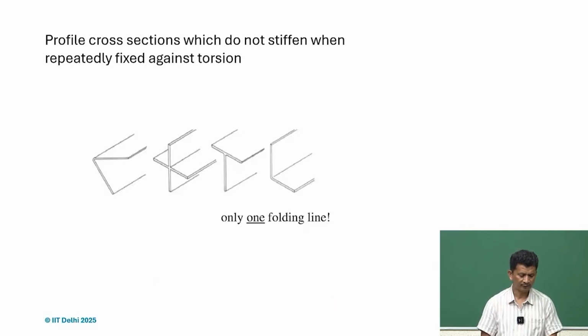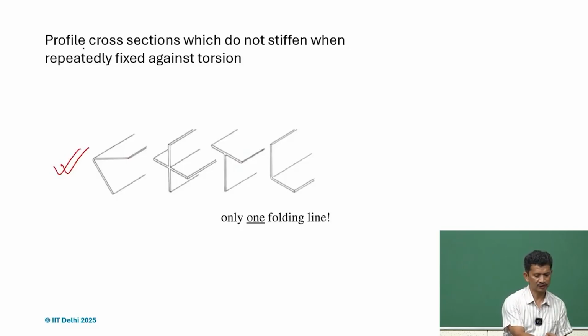But what happens if we have this kind of cross sections, profile cross sections, with only one folding line?